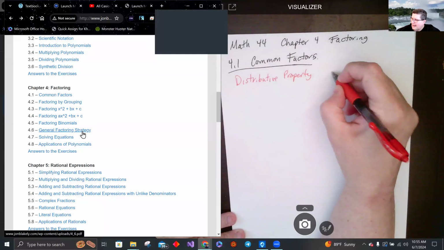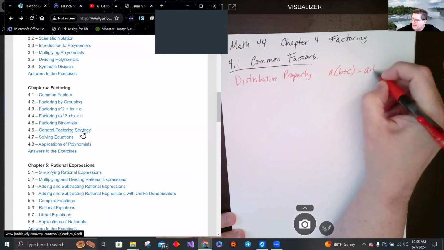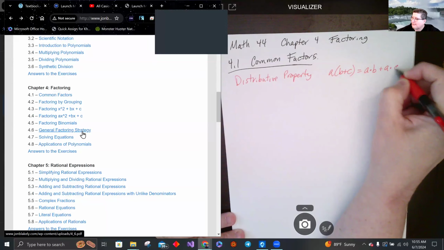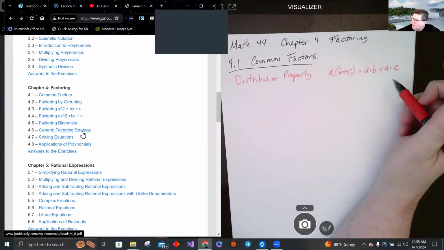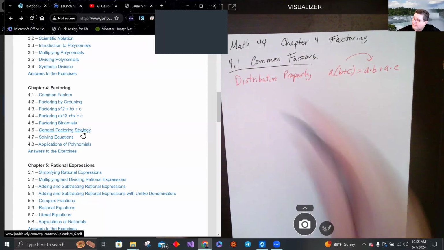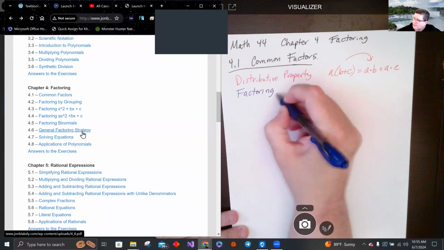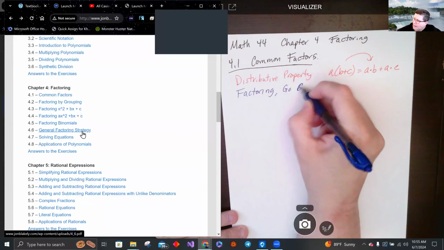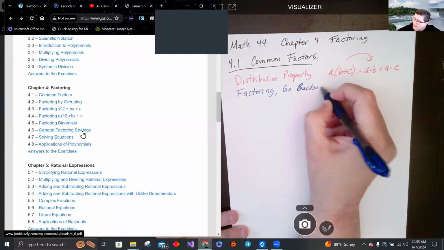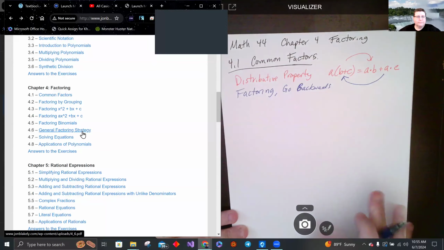Recall if we had A times B plus C, it became A times B plus A times C. Well, we were going that direction, but for factoring, we go the other direction. Go backwards. We're going to start here and we're going to go here. All right.